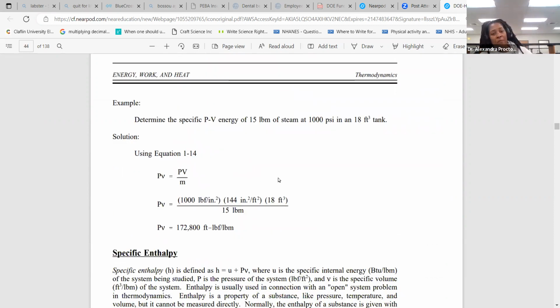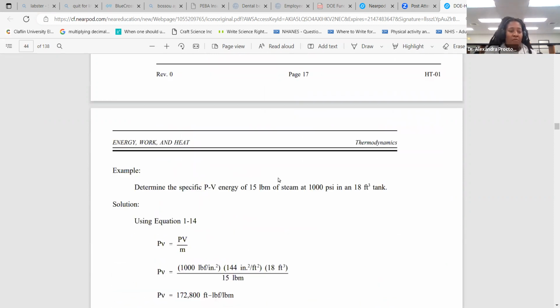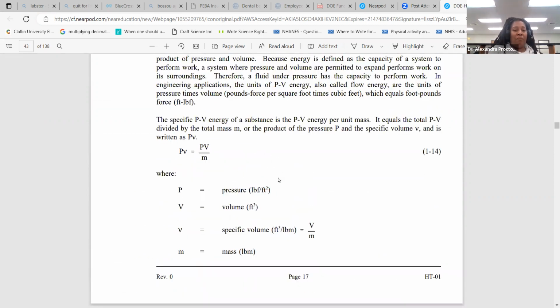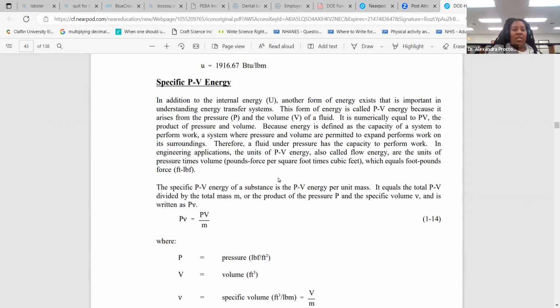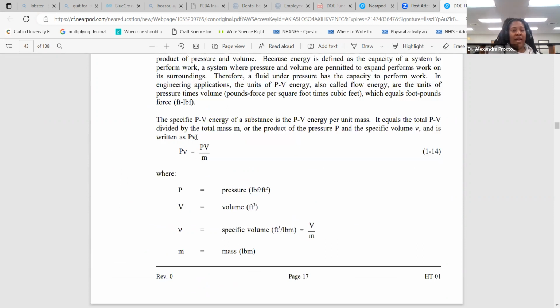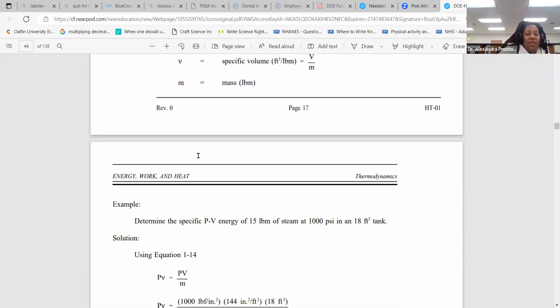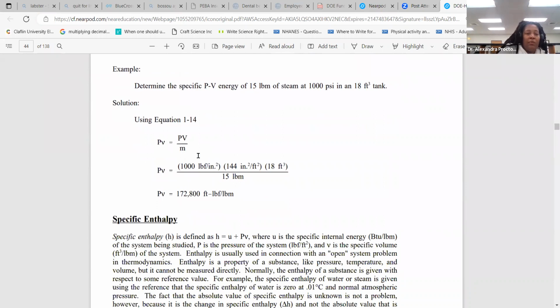On the left side is what we call specific energy, PV, which is equal to pressure times volume divided by mass.